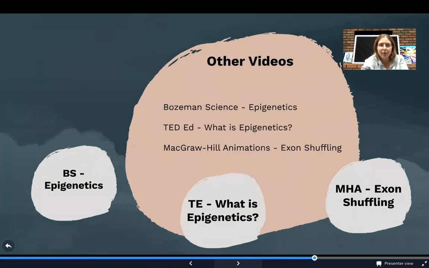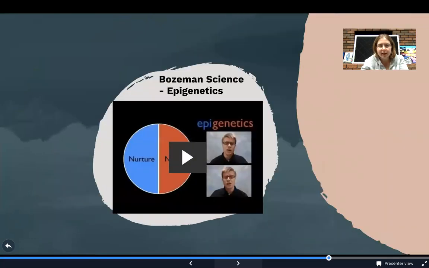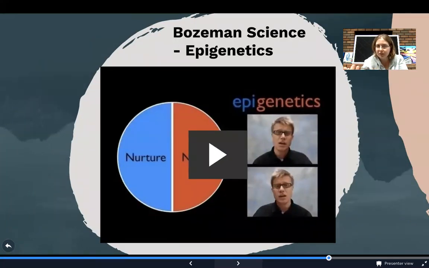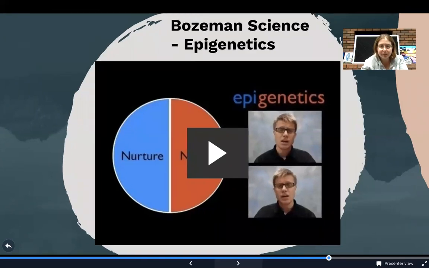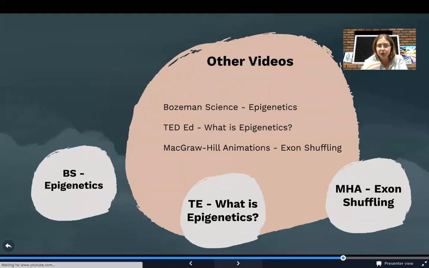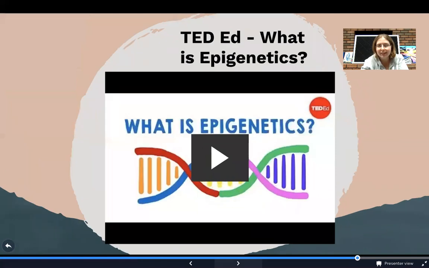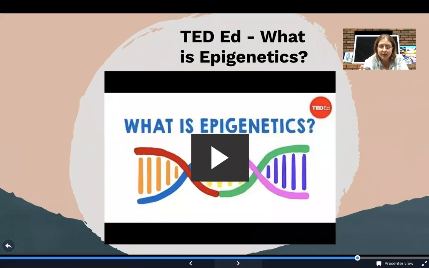So we have one by Bozeman Science, and that talks about epigenetics in terms of nature versus nurture. So very informative on how it affects gene expression, but doesn't affect the DNA. We have a TED-Ed talk about what is epigenetics. Again, very informative on the subject of epigenetics.